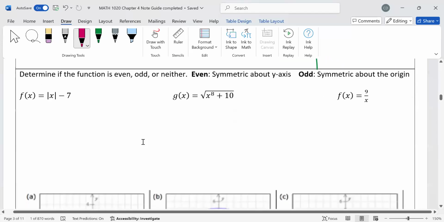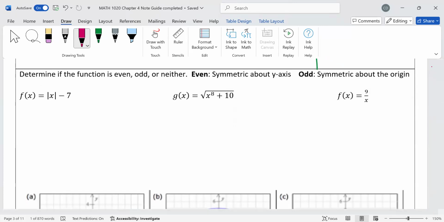All right, determine if it's even, odd, or neither. Even means it's symmetric about the y-axis. Odd means it's symmetric about the origin. I have a little trouble finding my pen sometimes on here.